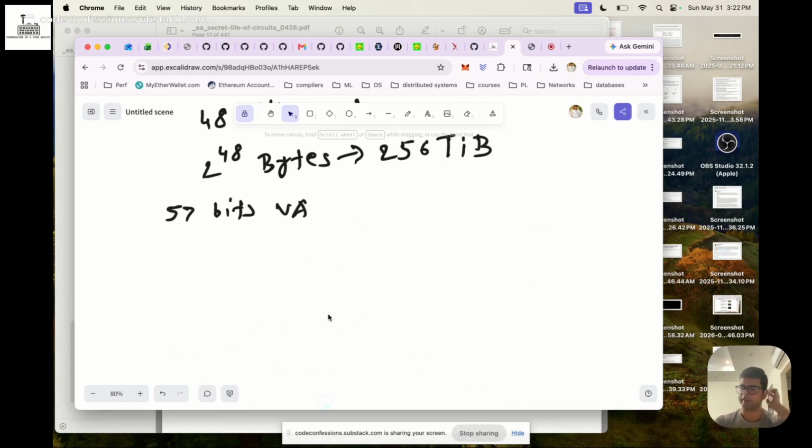Now, there is one more point here. Even though you have 256 terabytes of virtual address space, not all of that is available to the process itself.